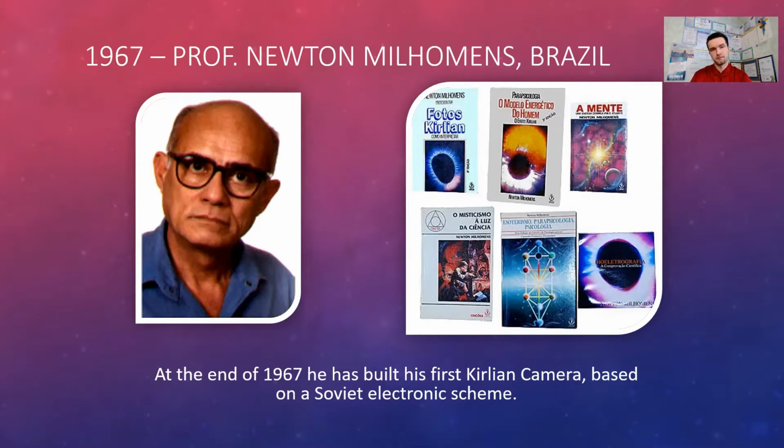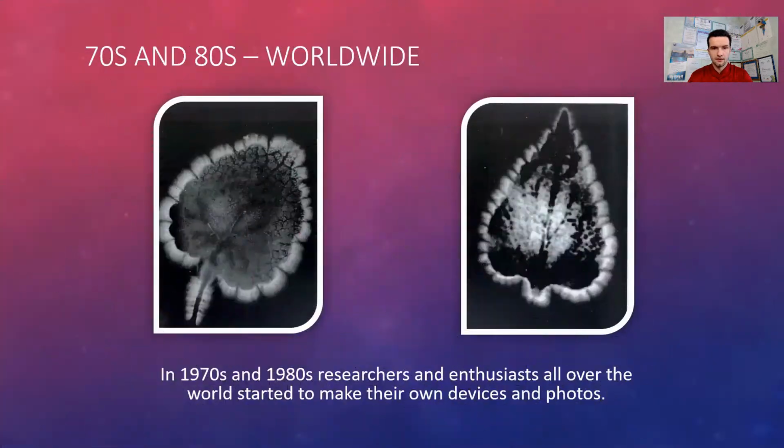He was one of the first to make a device that has become pretty popular and widespread. So even now in the 21st century, devices by Newton Milhomens are still being produced and sold in South America, and you can even buy them in other countries.